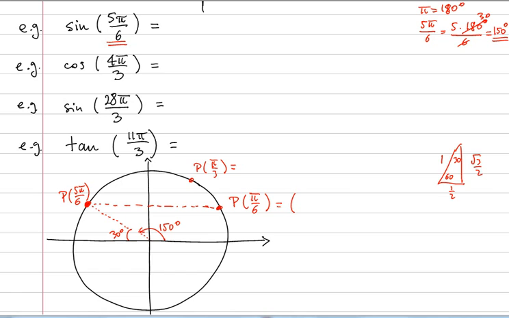Okay, so for this one I have coordinates 1/2 and square root of 3 over 2. For this one I have to switch x and y, so square root of 3 over 2 comma 1/2.